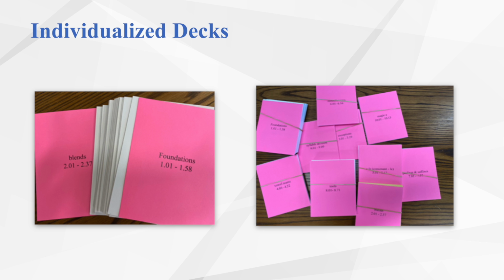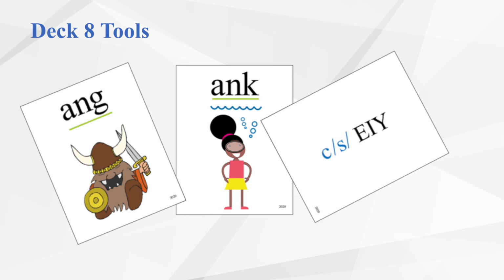Let's put those together with a rubber band around them. Then, take the next pink card blends 2.01 to 2.37. Take the yellow cards that are behind it down to the next pink card and put a rubber band around those. Continue this activity, this sorting and banding, all the way through your deck, until at the end you have 10 stacks.